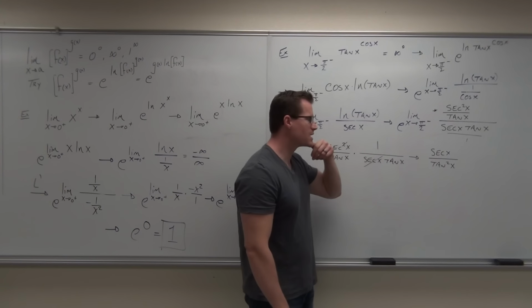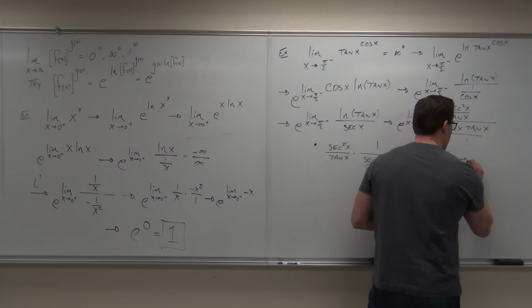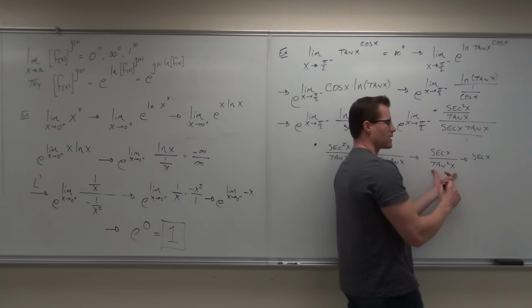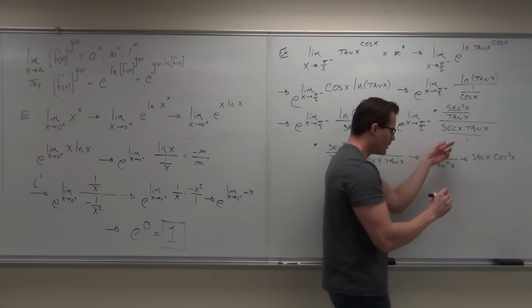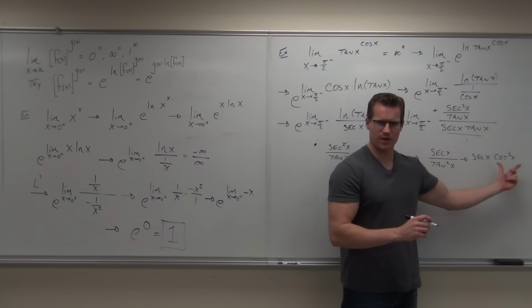So it's worth your while to simplify as much as you can. What I'm seeing here is that if I write this a little bit differently, as secant x, look at tan squared x, 1 over tan squared x is the same thing as cotangent squared x. Are you with me on that one? We use some identities here.